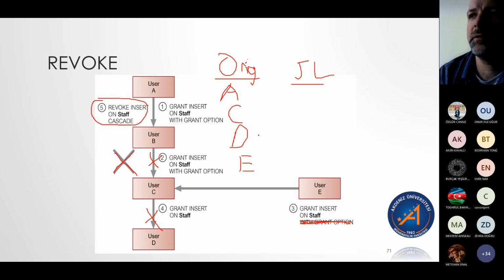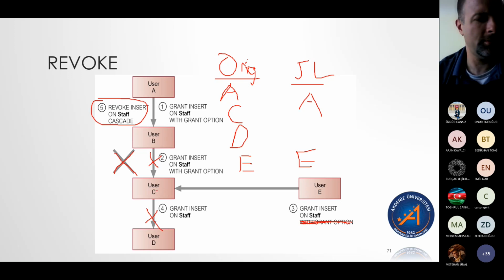By making this one change with grant option, A and E both, nothing changed for them. They had it natively. B still lost it. Does C have insert privilege?